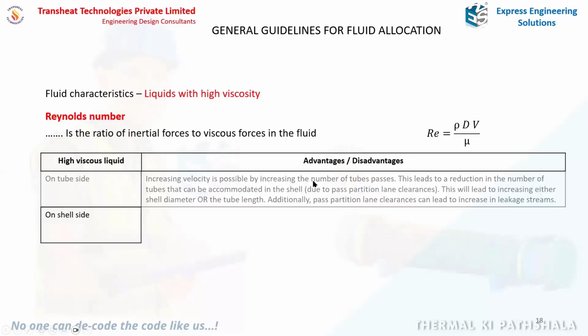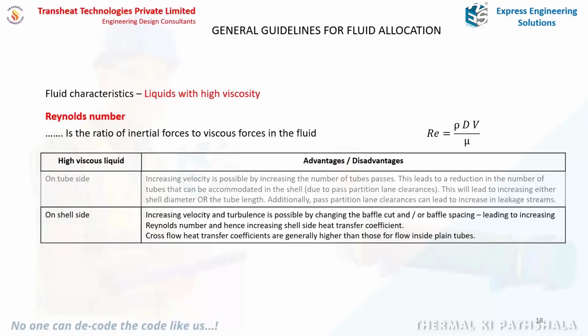What happens if we place the fluid with high viscosity on the shell side? On the shell side, you can improve the velocity and turbulence by changing the baffle cut or the baffle spacing. This will lead to an increase in the Reynolds number and hence an increase in the shell side heat transfer coefficient.